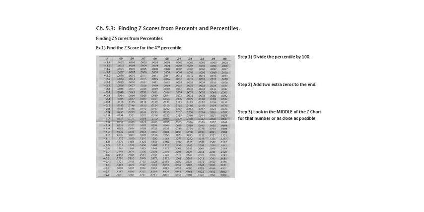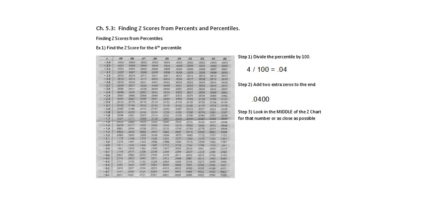Let's say we want to find the z-score for the 4th percentile. So the first step is to do 4 divided by 100, which, if you put in the calculator, you should get 0.04. The second step is I like to add 2 zeros at the end.